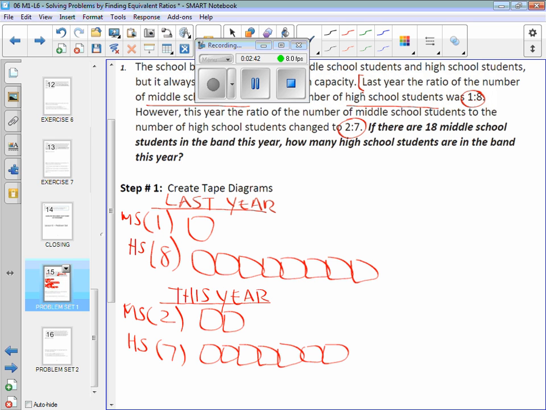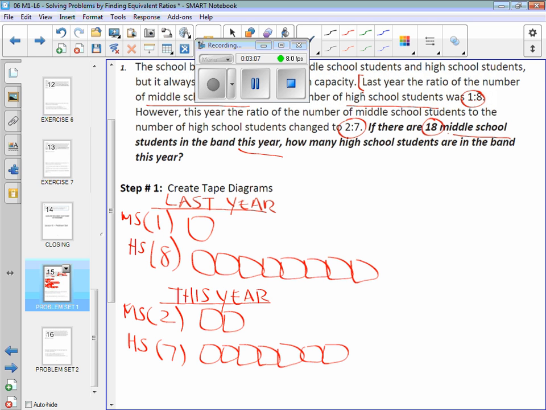And I've got to do something with this 18. I know I got to divide it by one of these 4 sets of boxes. So I say, look back, and it's 18 middle school. All right, well, we have 2 sets of middle school. I got to know whether they mean last year or this year. Read further. Middle school in the band this year.